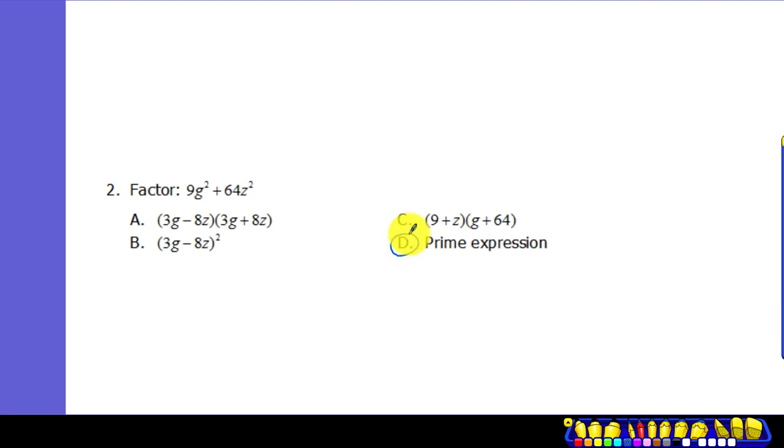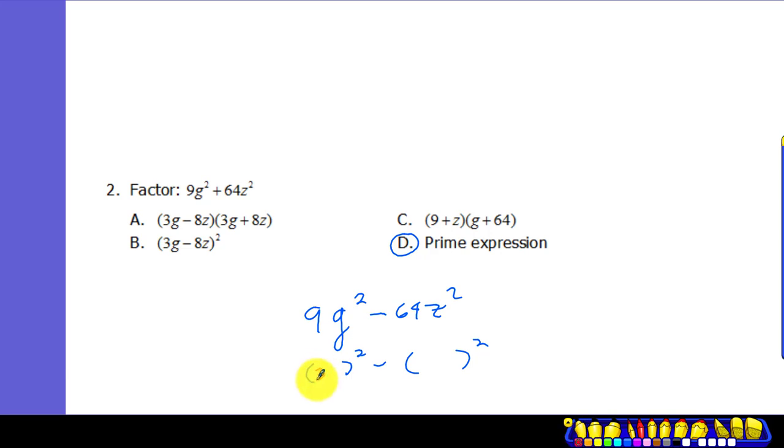Okay. Now, if the question was 9 g squared minus 64 z squared, then we can factor it. It's a DOS. This one can be written as this, and this one can be written as this. So let's say I have a minus sign here. What should be inside the parentheses so that I can rewrite this as quantity squared?